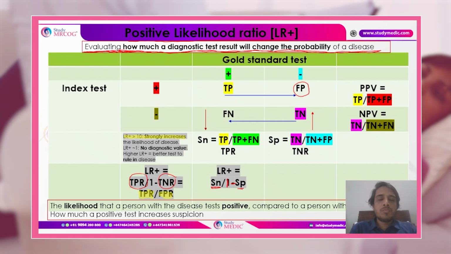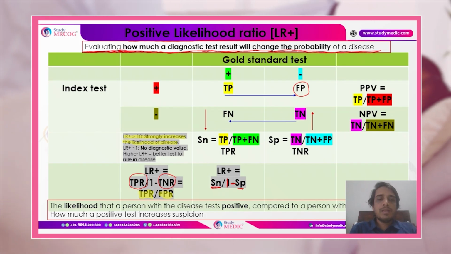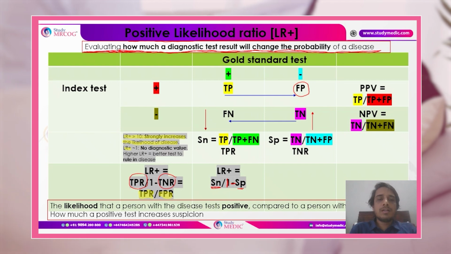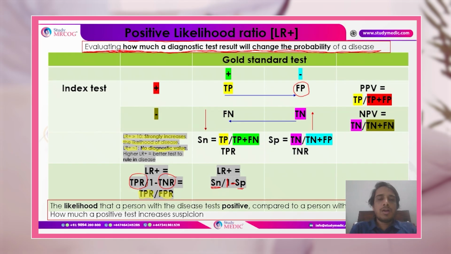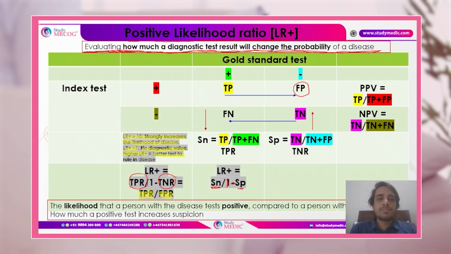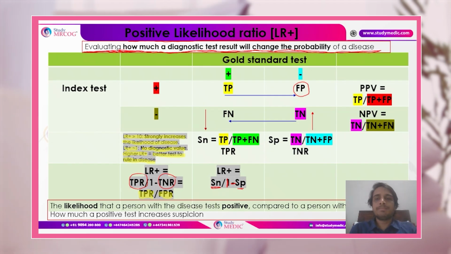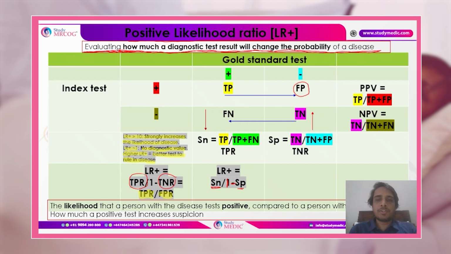So if it is more than 10, it strongly increases the likelihood of the disease. If it is near to 1, it is not of any diagnostic value. The higher the likelihood ratio, the better the test is to rule in the disease. So this is the positive likelihood ratio.